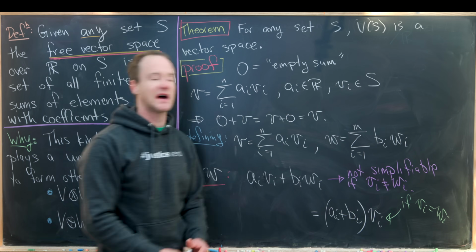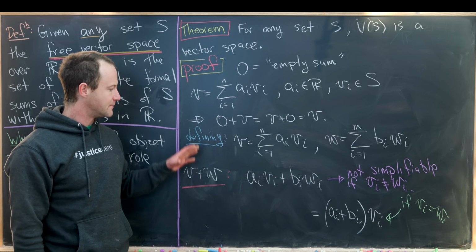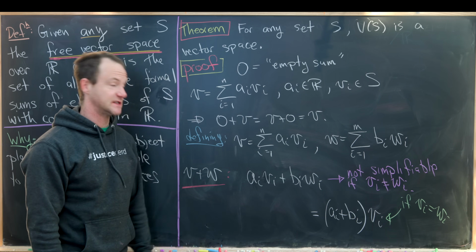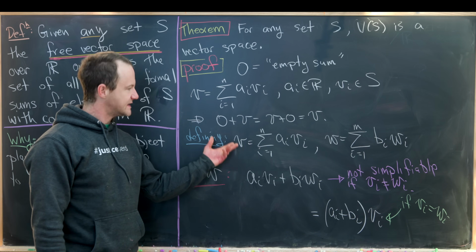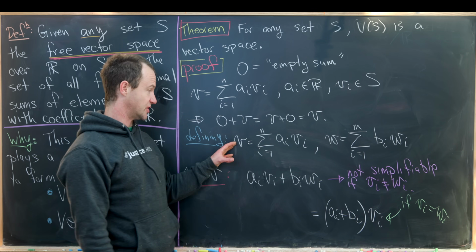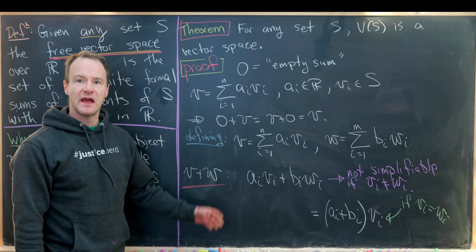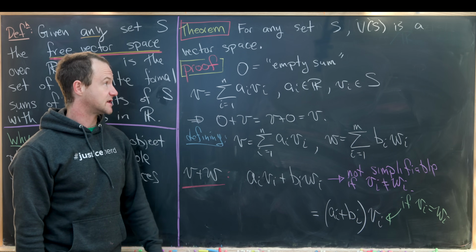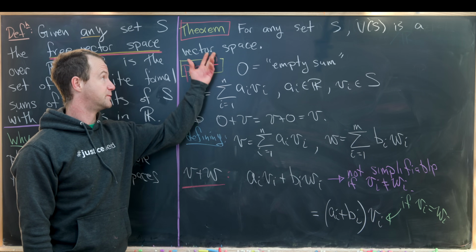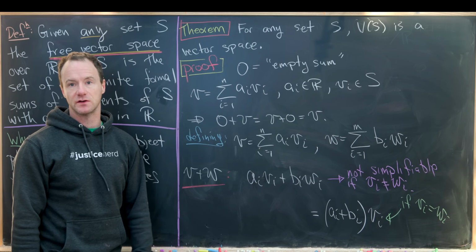So that's the only time we get simplification. Okay, now that we've got this addition of basis vectors going on, we can easily extend that to addition of arbitrary vectors. And then from there, everything else about the status of this as a vector space follows pretty easily.